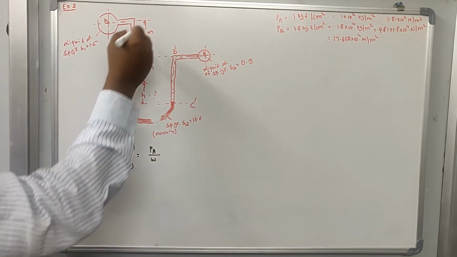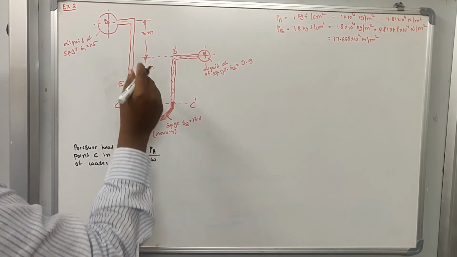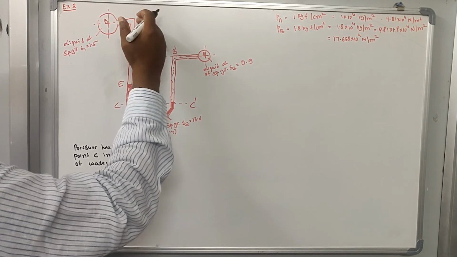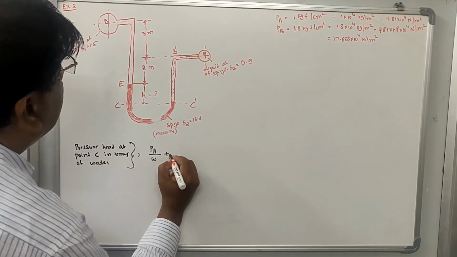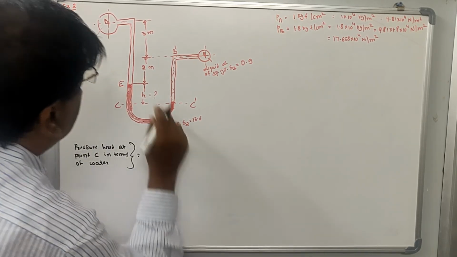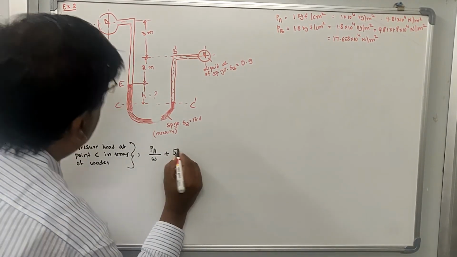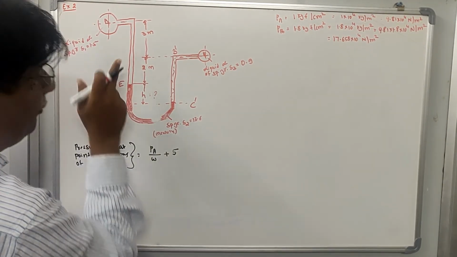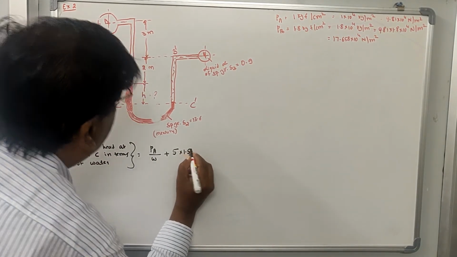Okay, see the next point E. Pressure head at point E is below point A, so you can make use of plus 3 plus 2, that is 5, multiplied by the specific gravity of this fluid, that is 5 multiplied by 1.5.